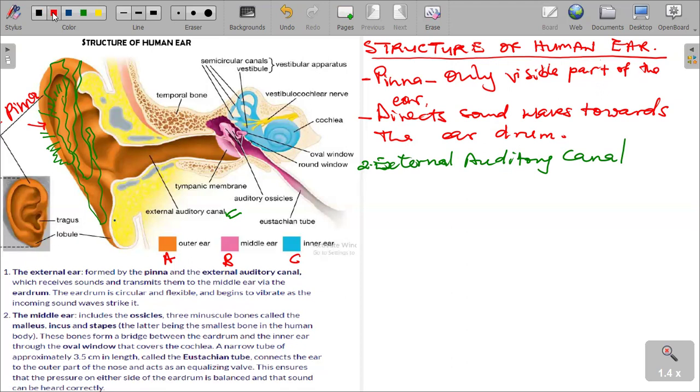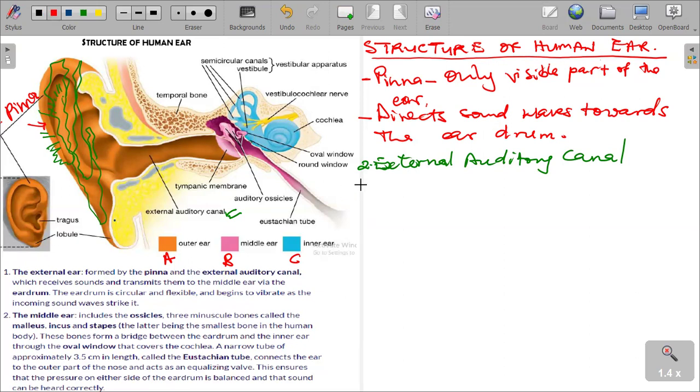The external auditory canal is that first passage, or just a tube, which is there to ensure that sound waves are directed towards the eardrum.